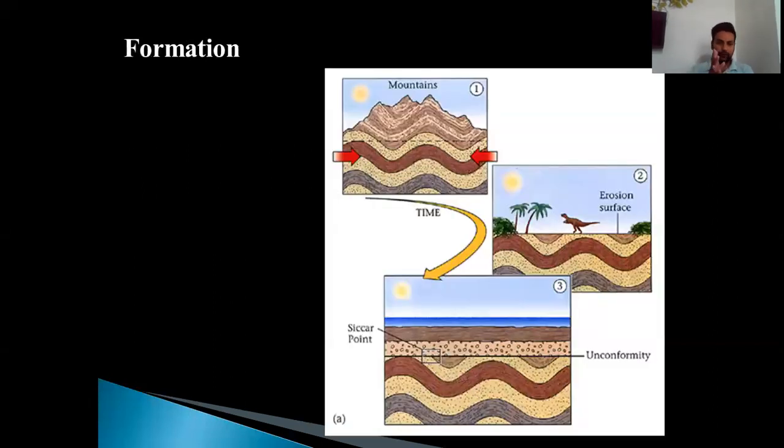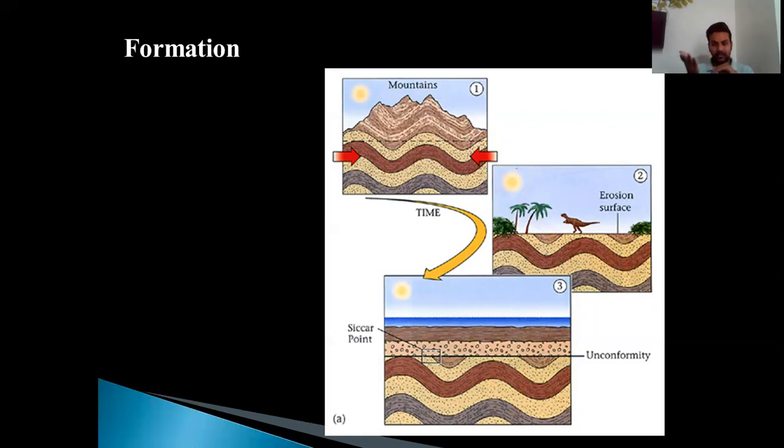Let us see the process of formation of an unconformity. In the picture you can see that there were mountains. These mountains were uplifted, and of course they experienced weathering and erosion. Due to continuous weathering and erosion, the upper layers were removed, and now there are plantation, trees, and animals roaming over there.